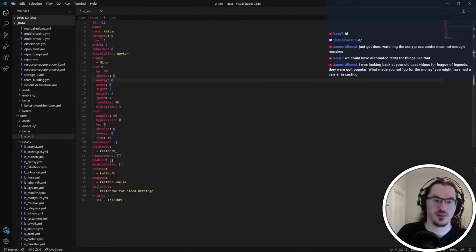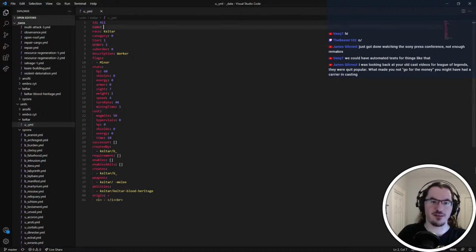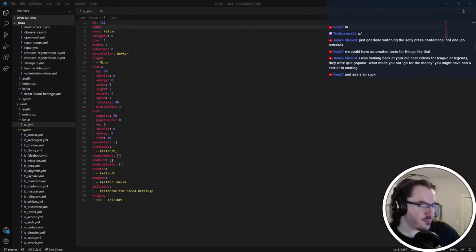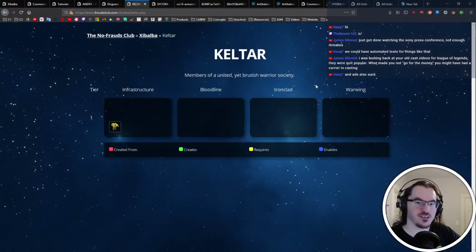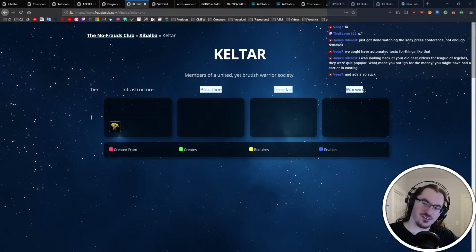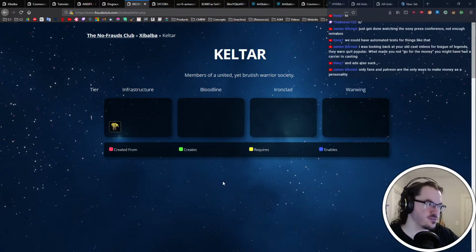All right. We've got our worker. We need a name for him. I shall consult my name list. I haven't actually thought about too many of the naming conventions I want for the Keltar. I think I've probably teased it a little bit with these branches.